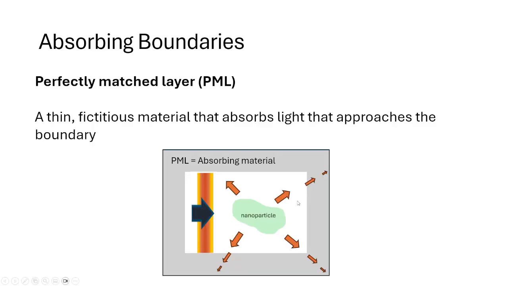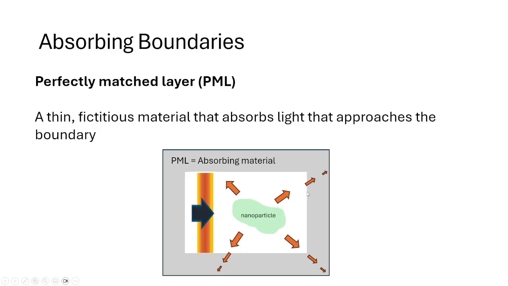So here's what that looks like. Here's our simulation. We have some sort of scattering object. We put light in here, and that scattering object scatters the light. When that light hits our PML, because it's absorbing, as the light propagates through the PML, it's going to lose intensity.